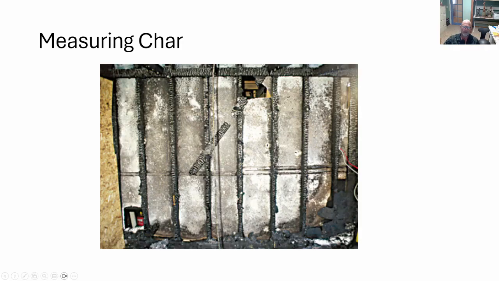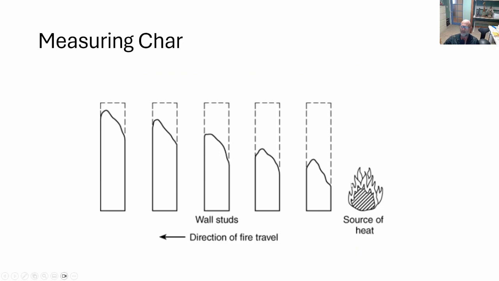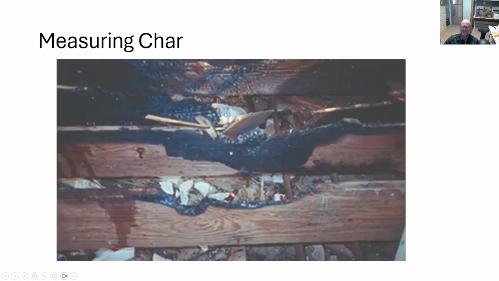So here's an example that shows 2x4 studs, previously a gypsum wall, clearly some depth there. And what you can realize is that for your studs, the creation of char is going to be a function of, once again, your heat transfer into it. So the closer you are to the heat source, the more charring you're going to have from that fire.